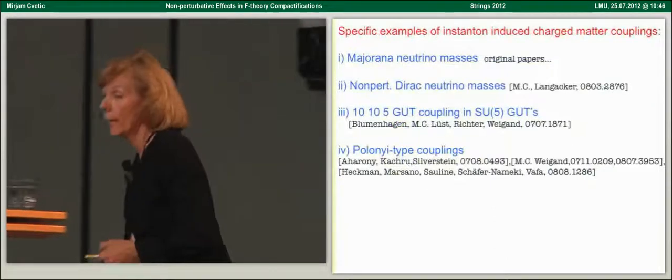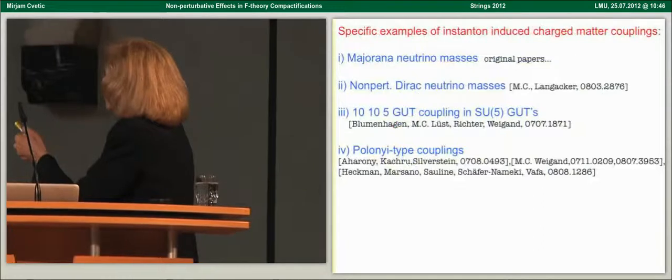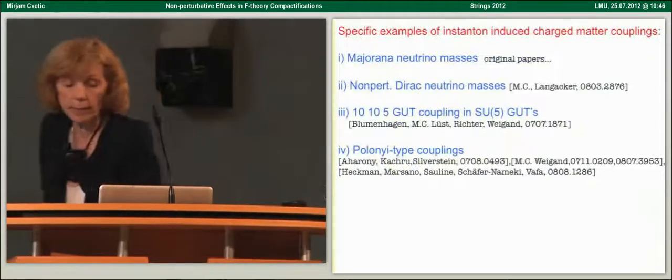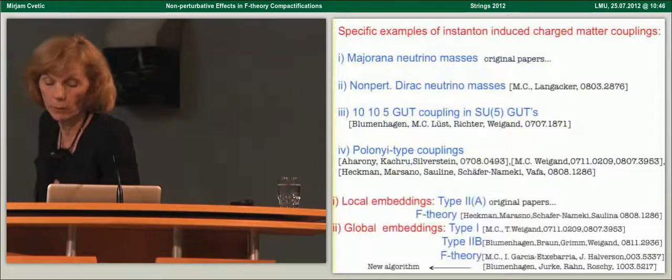They could modify the absent 10-10-5 coupling in type II SU(5) GUTs. They could introduce potentially supersymmetry breaking terms and so on.